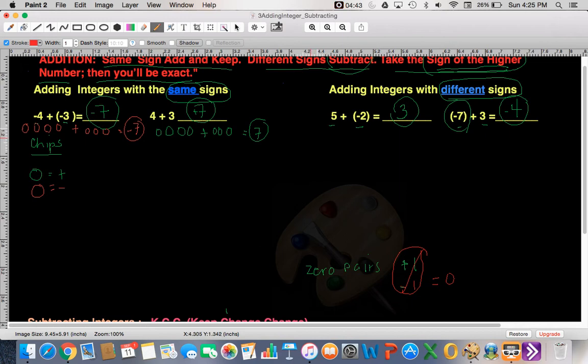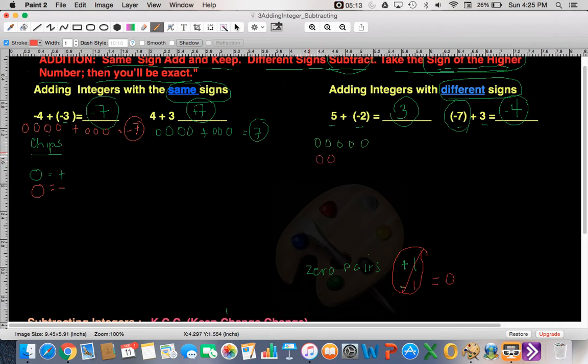So let's demonstrate the zero pairs in this example. +5, 1, 2, 3, 4, 5, and then you're going to add -2, which is 1, 2.